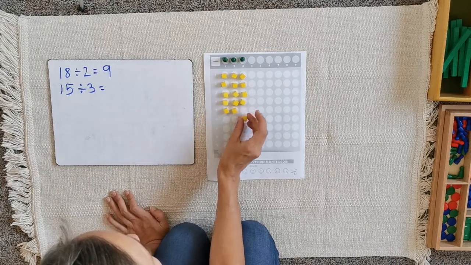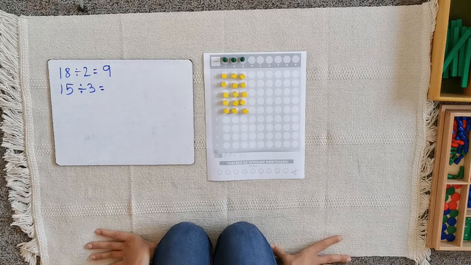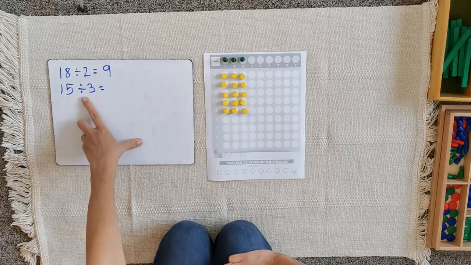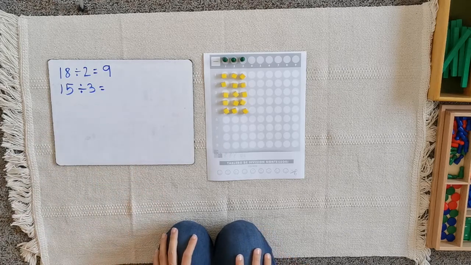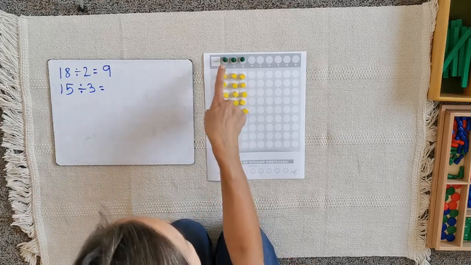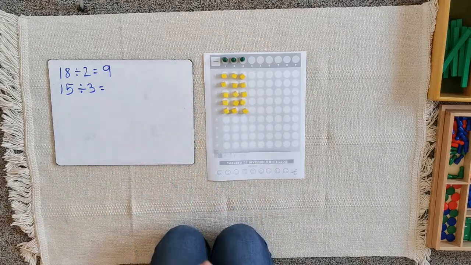Okay, so what will be the result of the division if I divide 15 by 3? This is me, my friend, and another friend. How much will we have each? Because this will be the result of the division.